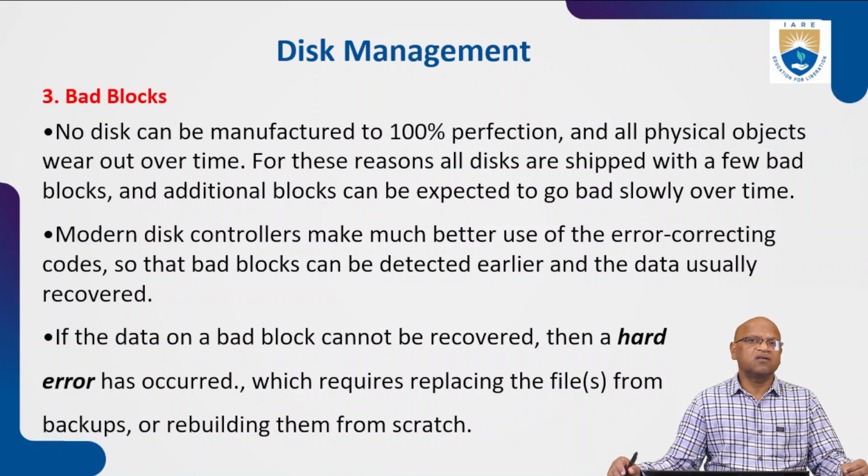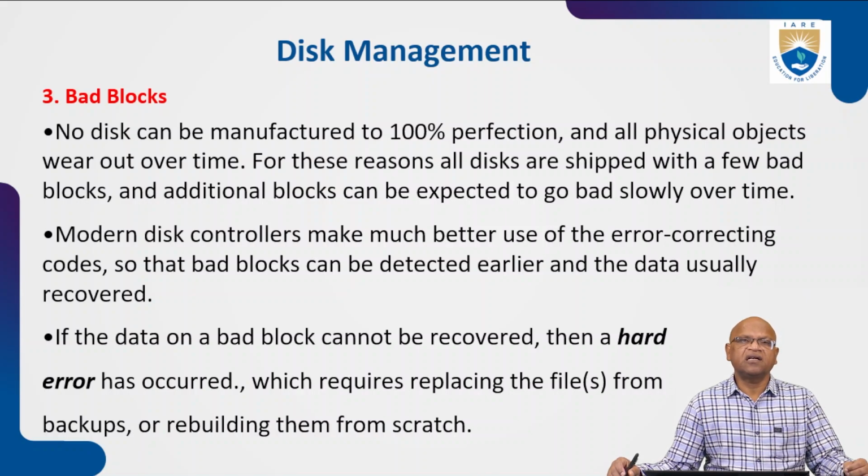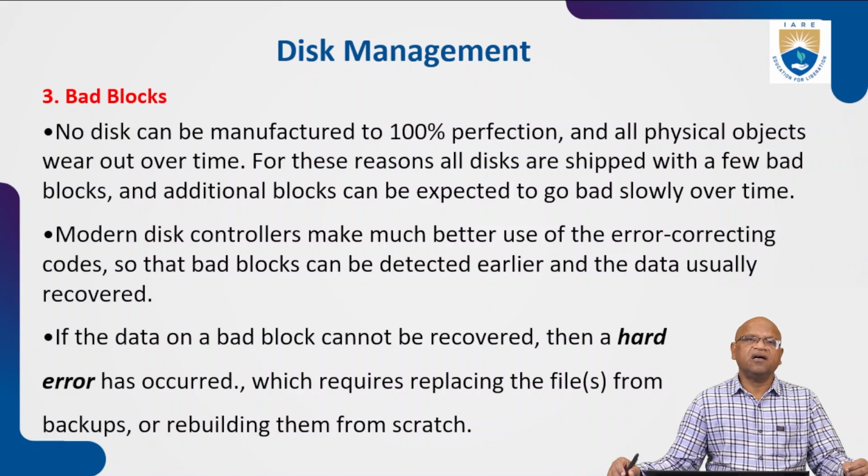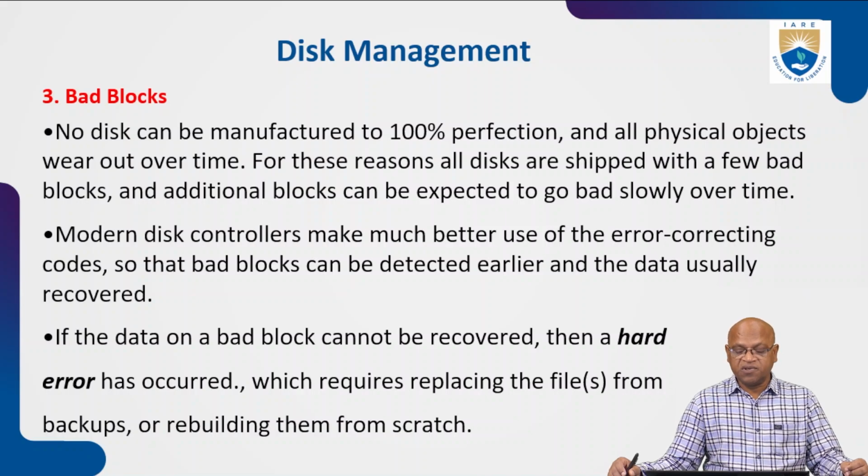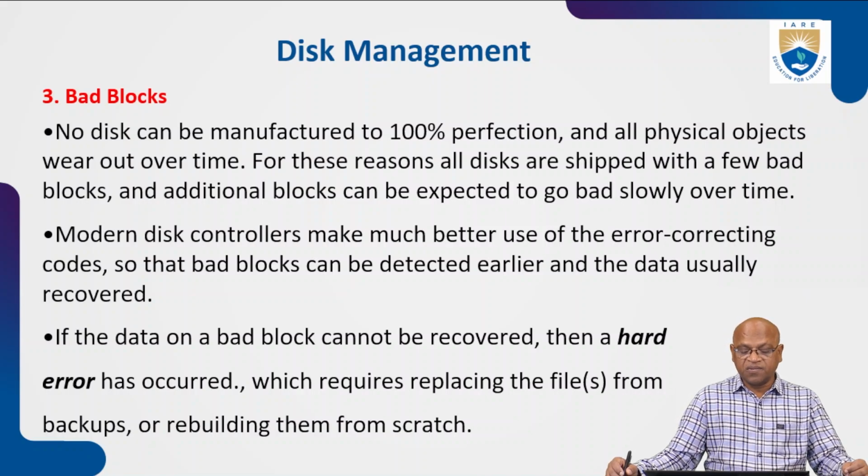Modern disk controllers make much better use of error correcting codes, so that bad blocks can be detected earlier and the data recovered. If the data on a bad block cannot be recovered, then a hard error has occurred, which requires replacing files from backups or rebuilding them from scratch.